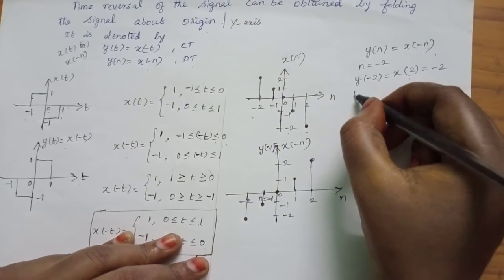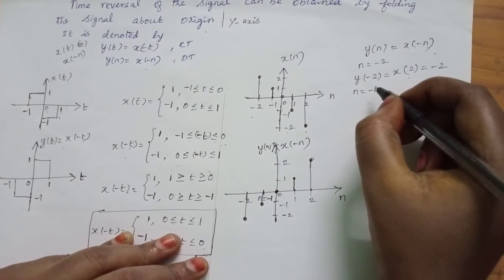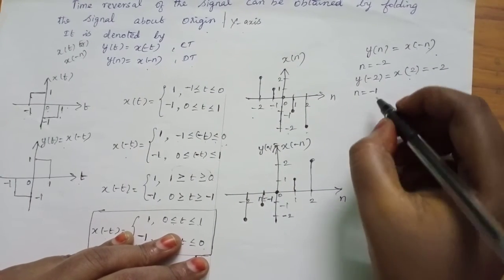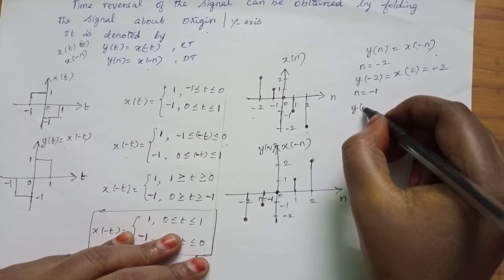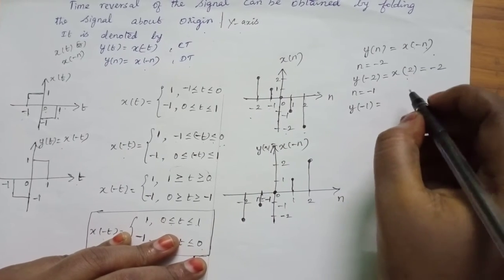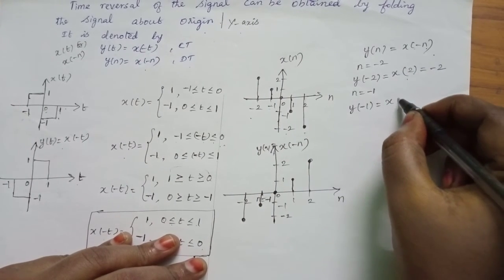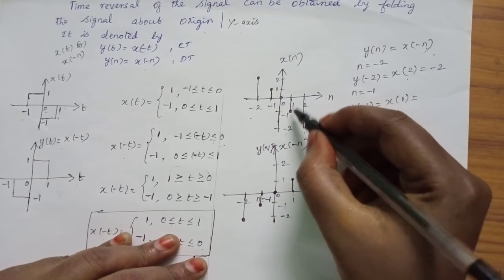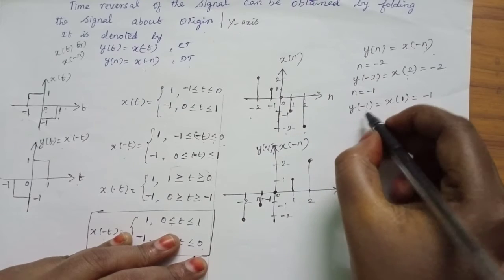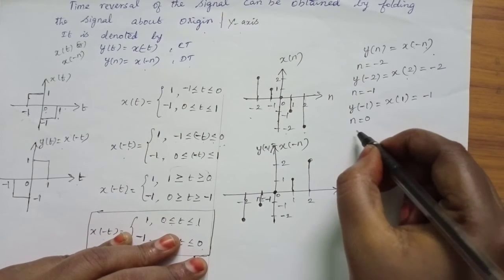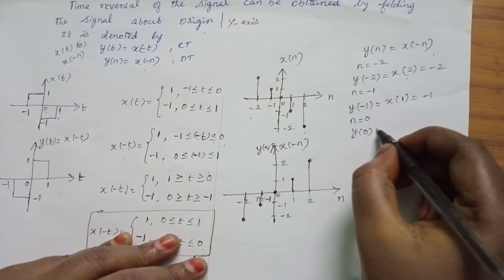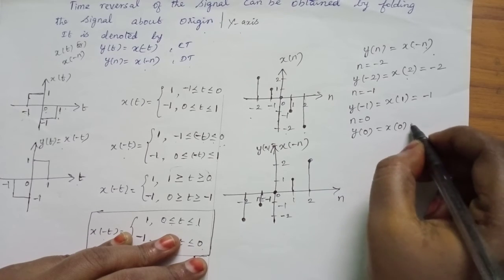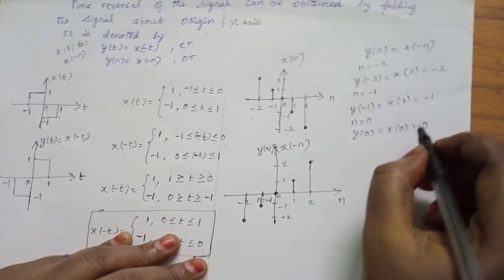If I substitute n equal to minus 1, y of minus 1 equal to x of plus 1. So x of 1 is equal to minus 1. And n equal to 0 means y of 0 equals x of 0, so x of 0 is 0.